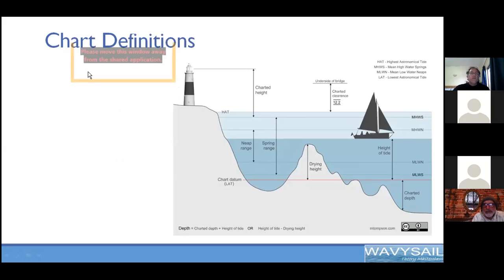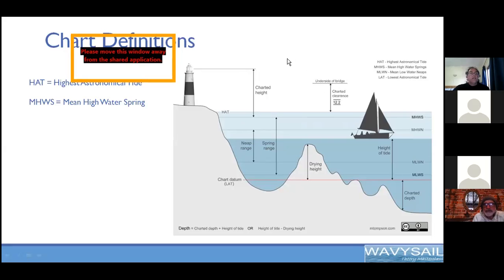Okay, so if we look at the chart definitions, HAT is our highest astronomical tide. The same as our chart datum is our LAT, lowest astronomical tide. MHWS, mean high water springs, is your average high water spring tide.